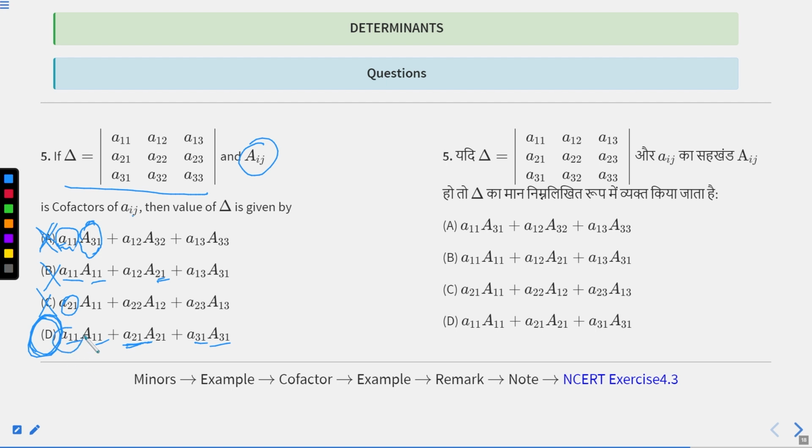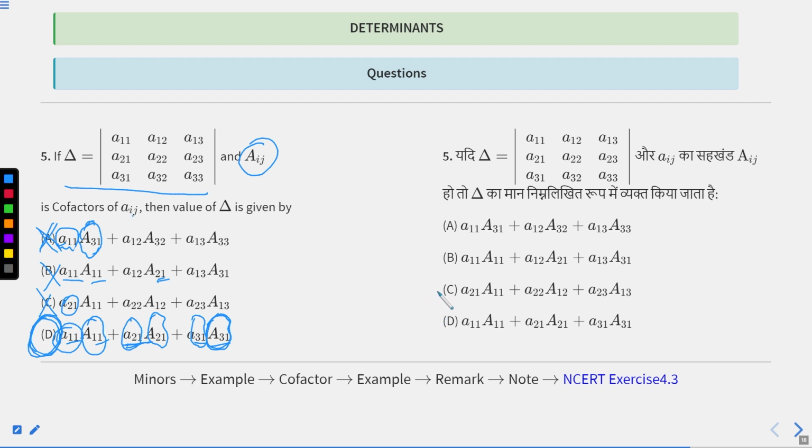So the entries are multiplying with their corresponding cofactors. Okay, so that's it for now. I think our exercise 4.3 is completed now.